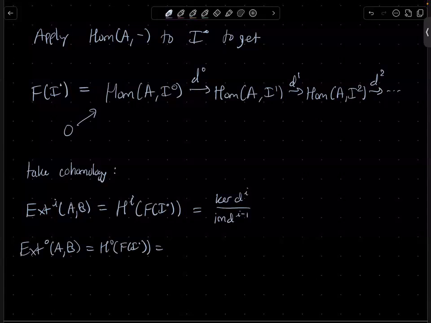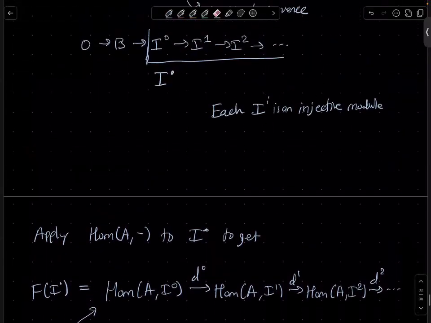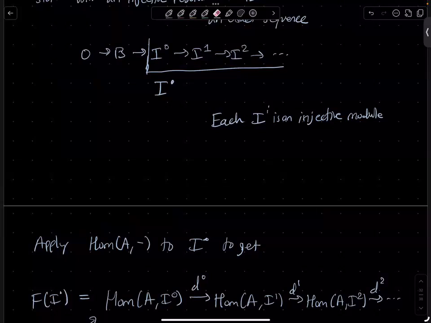Well, it's just the kernel, isomorphic to kernel D0. Now you might ask, what is the kernel of D0? But now we have to remember what we did with the rest of the complex that I cut off earlier.